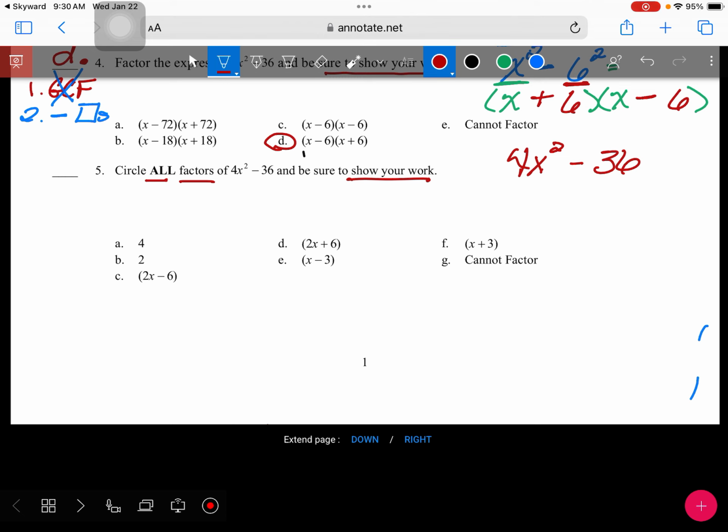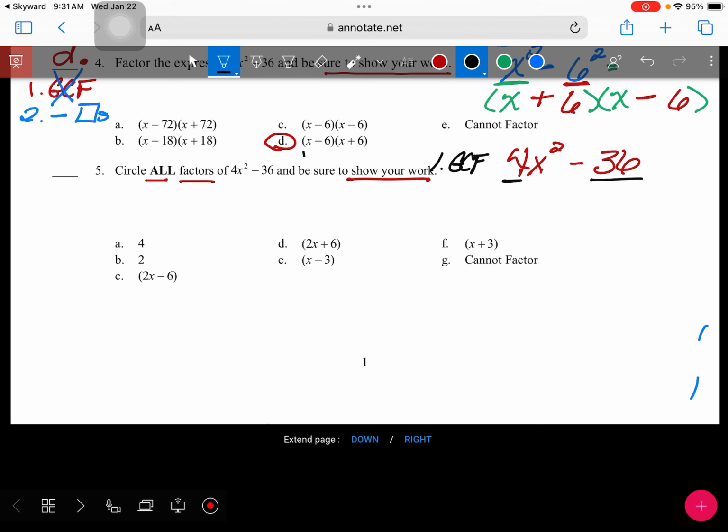All right, what is the first step when it comes to factoring? Find the greatest common factor, if there is one. So I look at 4 and 36. You start with your numbers. So 4 is a factor of 4. Is 4 a factor of 36?